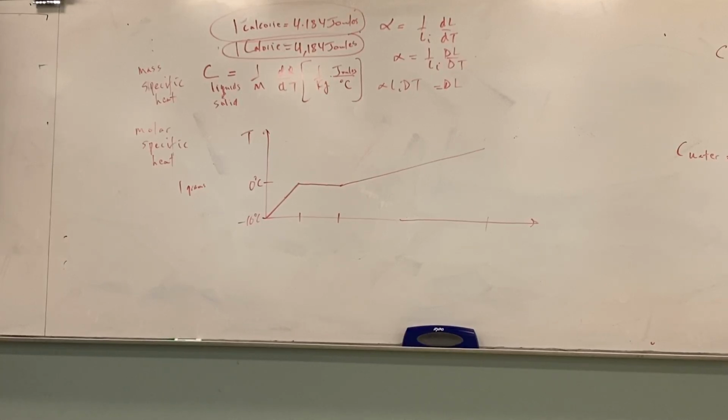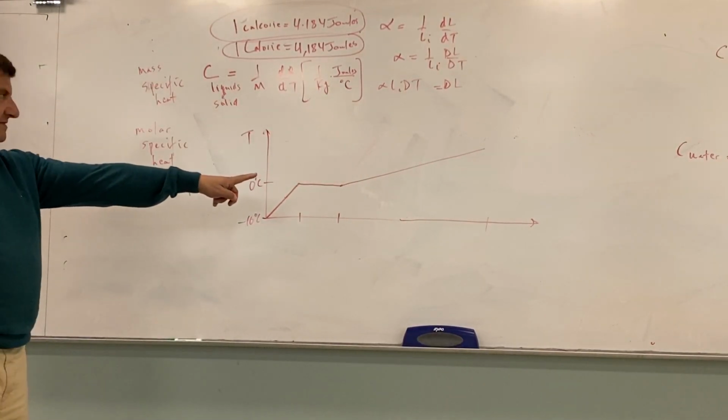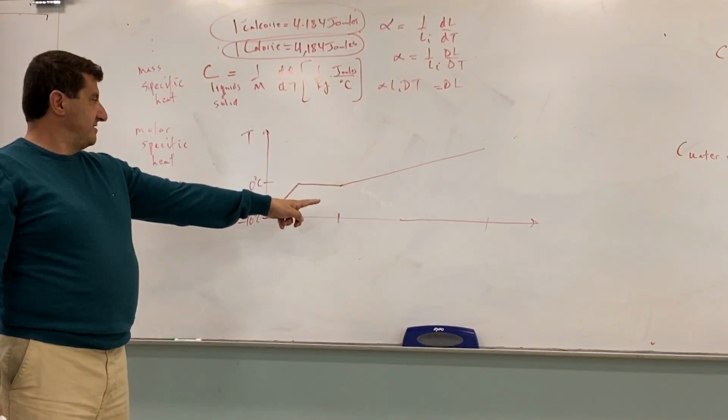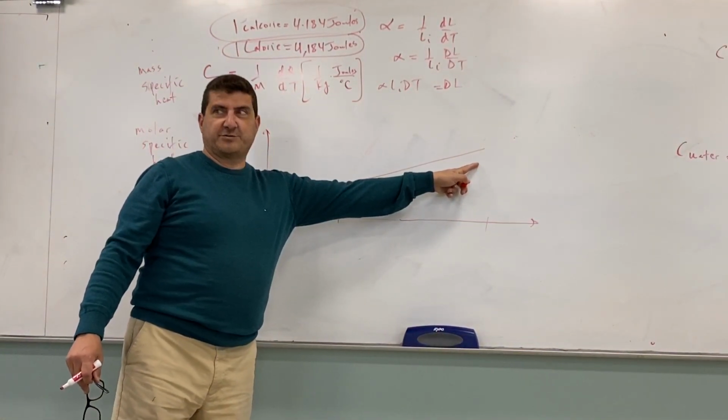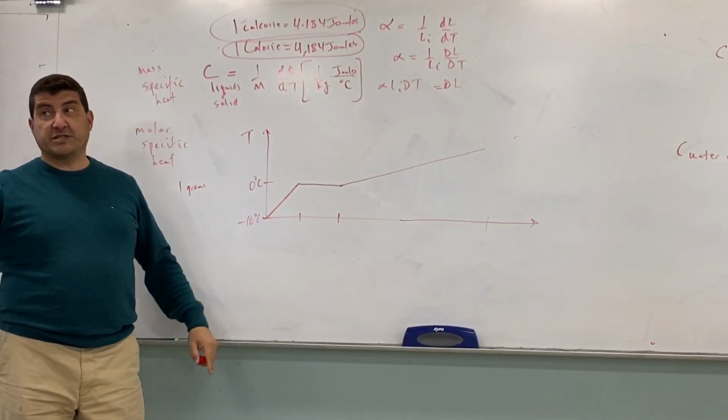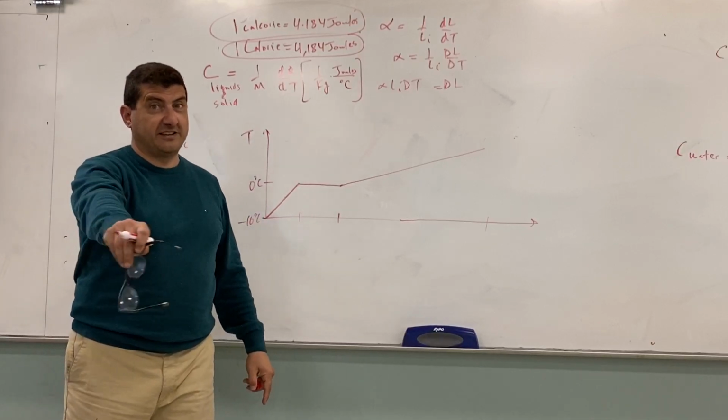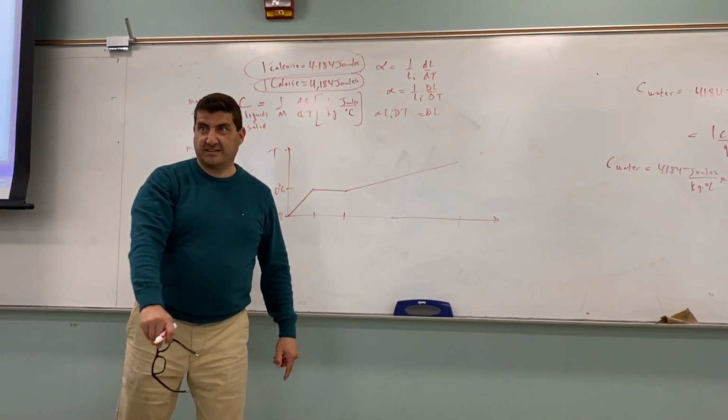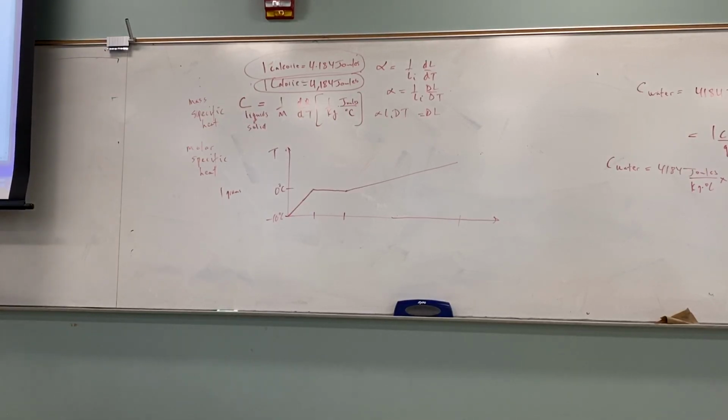What's the error? I made the slope of this graph smaller than the slope of that graph, because the specific heat of solid ice is different than the specific heat of liquid water. If they make it the same slope, they're assuming that the specific heats are the same. Anyone know what solid ice specific heat is? It's about half of the water, I think. Specific heat of ice.